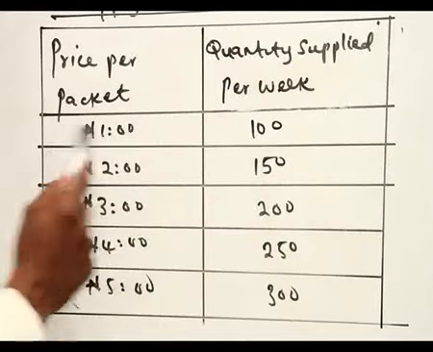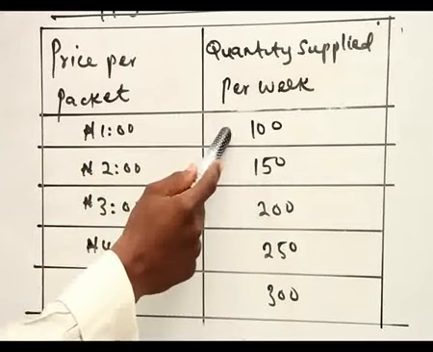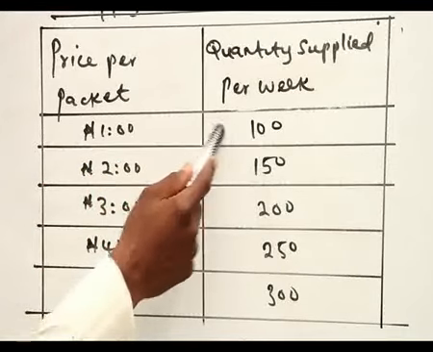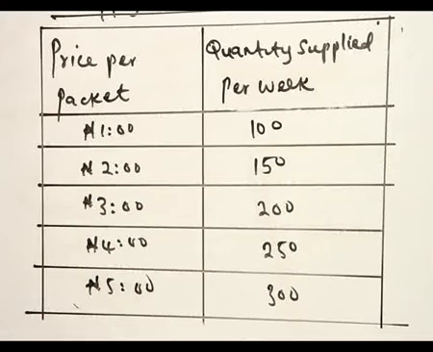To 1 naira, quantity supplied will reduce to 100. So the indication is that there is a direct relationship between the price of the commodity and the quantity supplied of such commodity. We can now translate this schedule into a curve for further explanation.